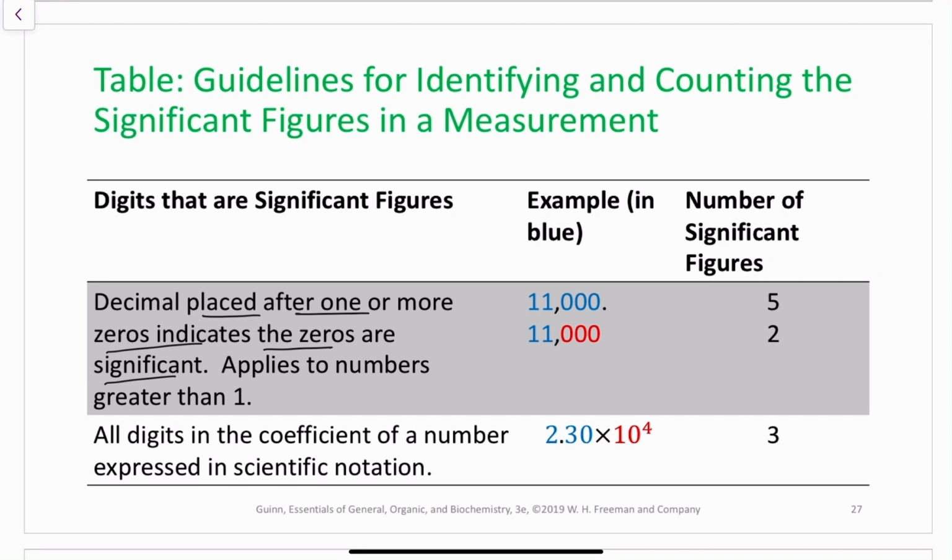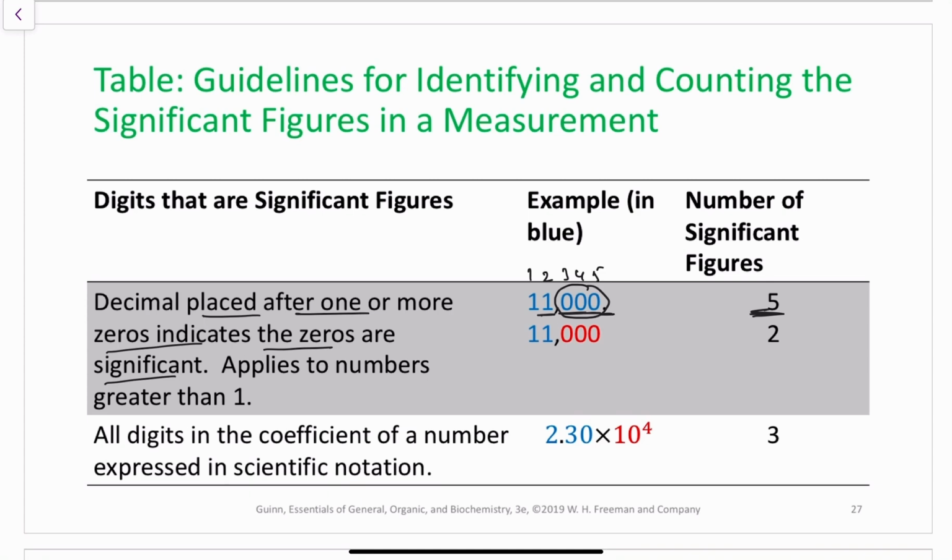For example, if you have trailing zeros and you have a non-zero number in front of the zeros, and then you have a decimal at the end or anywhere in the number, then all the zeros become significant. So how many significant numbers do you have over here? 1, 2, 3, 4, 5. So you have 5 significant numbers, right? That's what the rule says.